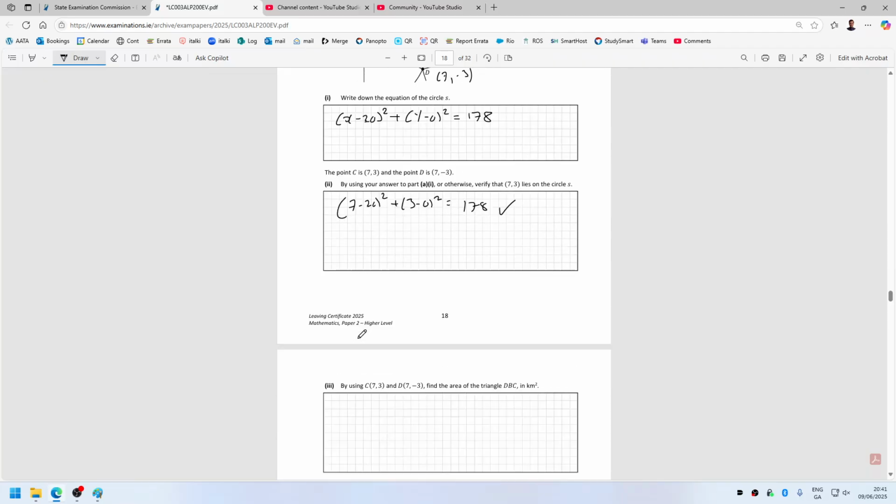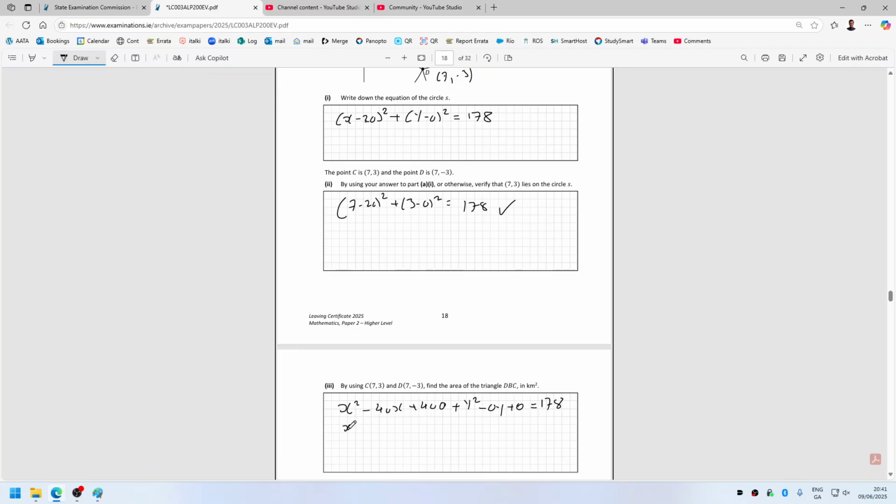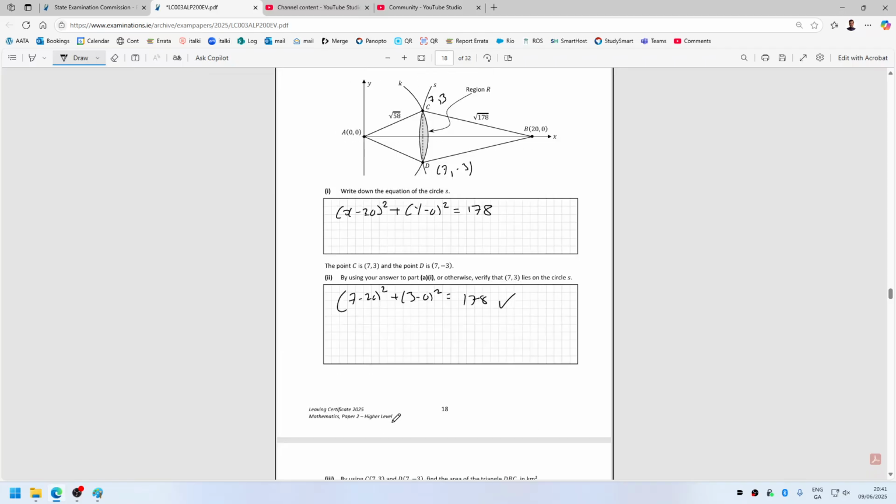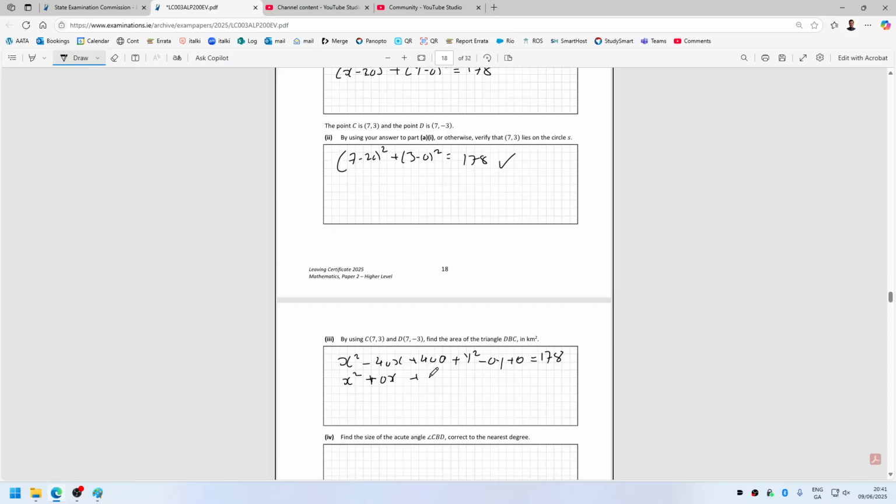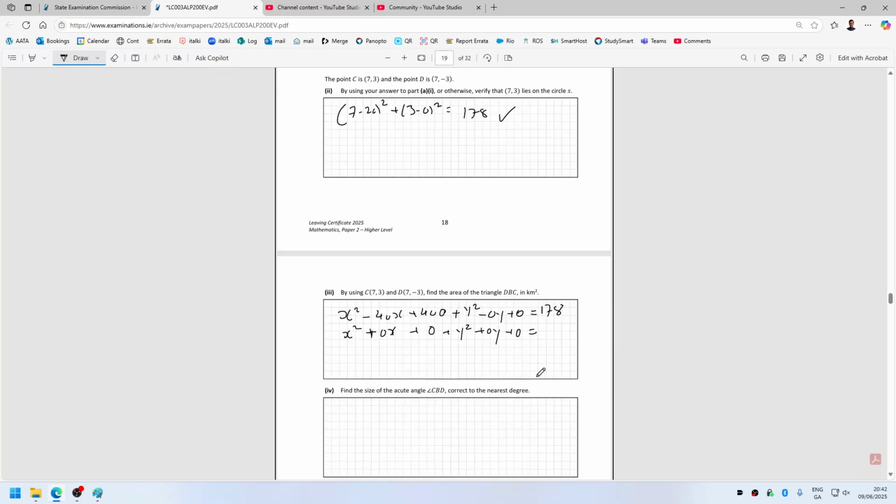The circle on the right has the equation x squared minus 40x plus 400 plus y squared minus 0y plus 0 equals 178. And then the circle on the left, which is at 0, 0, has the equation x squared plus 0x plus 0 plus y squared plus 0y plus 0 equals 58.